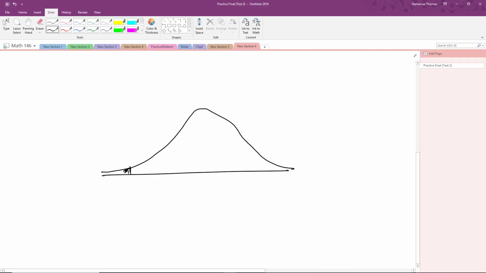So this is dealing with the bottom 1%. This is our critical value, our alpha. Now, when we construct a confidence interval, it is done in both tails.